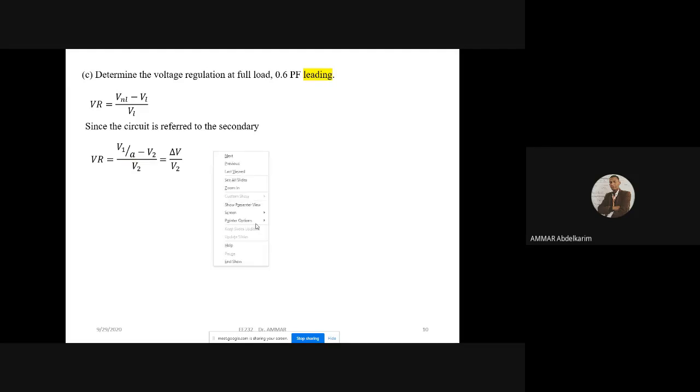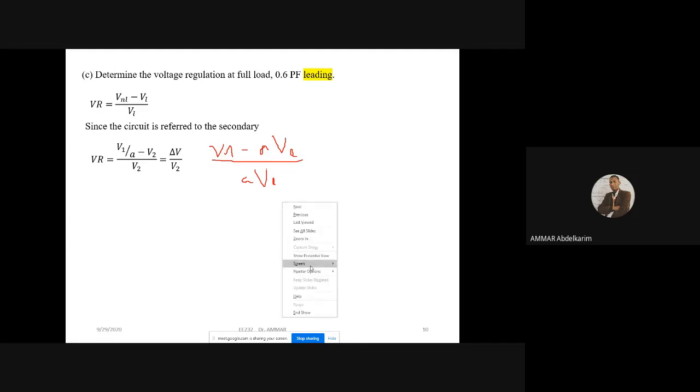If we are working in the primary, this expression becomes V1 minus AV2 over AV2, and you will have the same result. But we have to respect the side.